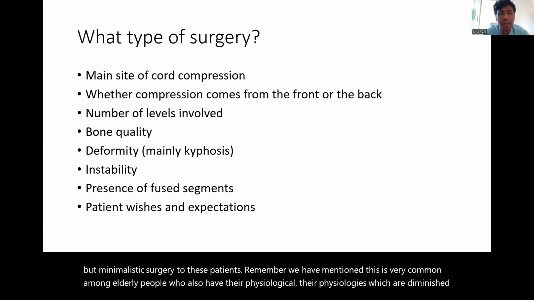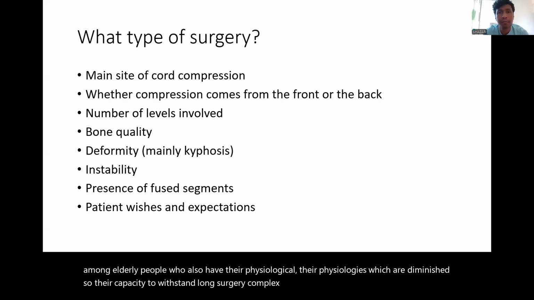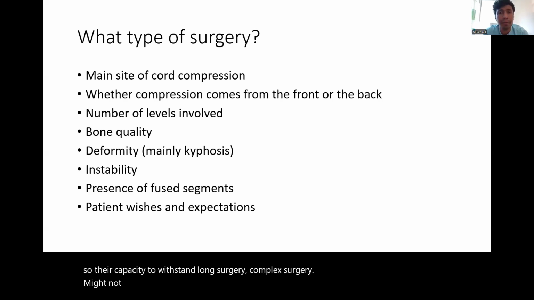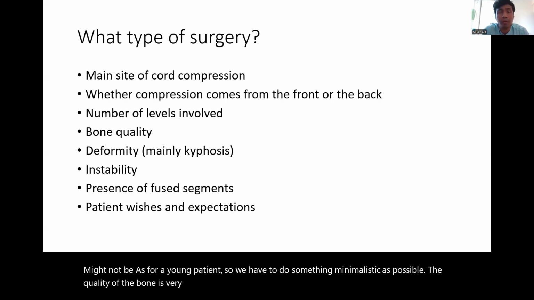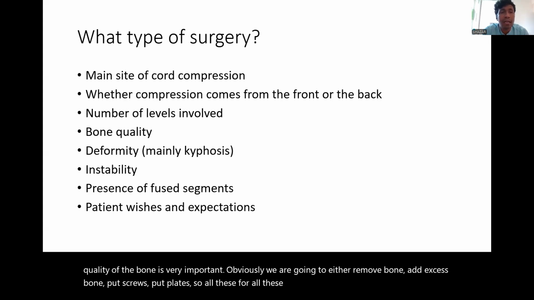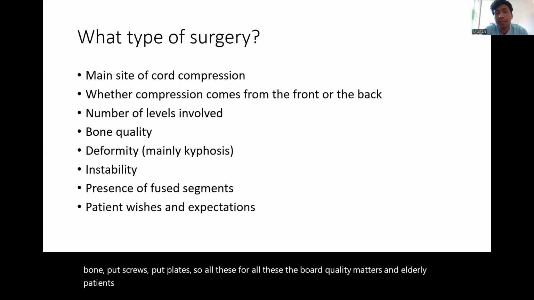Their capacity to withstand long, complex surgery might not be as good as a young patient's, so we have to do something as minimalistic as possible. The quality of the bone is very important. Obviously, we are going to either remove bone, add bone, put screws, put plates. For all this, the bone quality matters, and a significant proportion of elderly patients have osteoporosis.